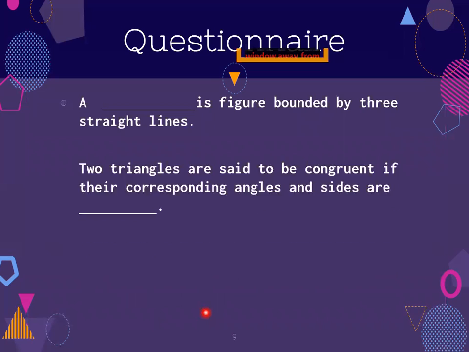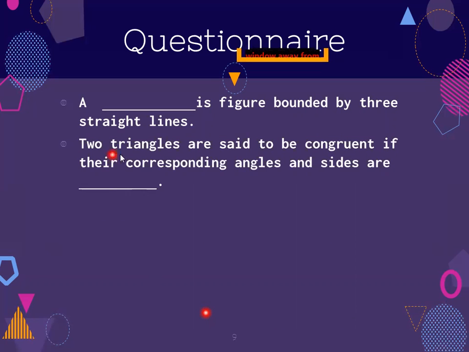Next, two triangles. How many triangles? Two triangles are said to be congruent if their corresponding angles and sides are dash. What should their corresponding angles and sides be?